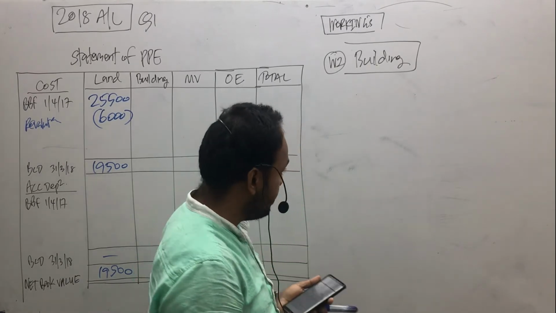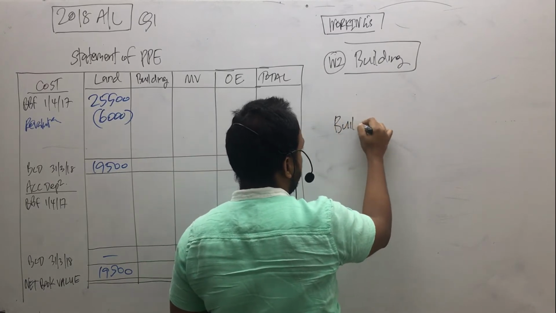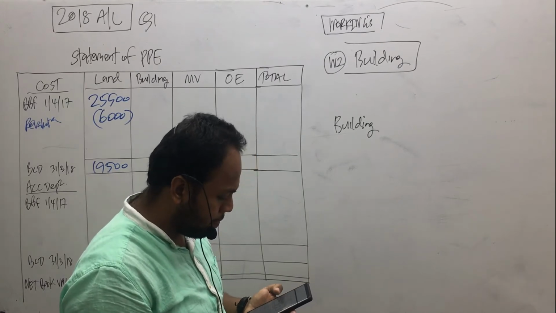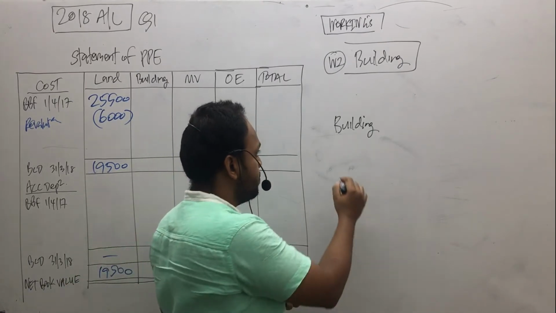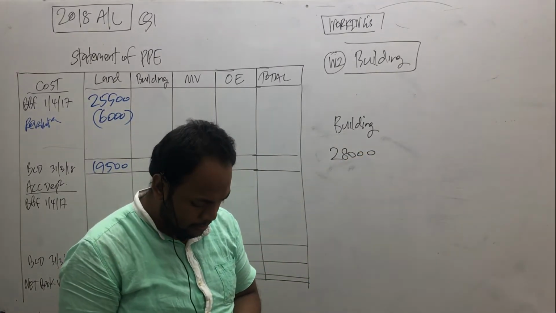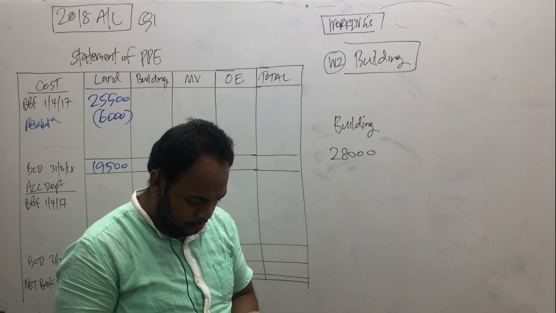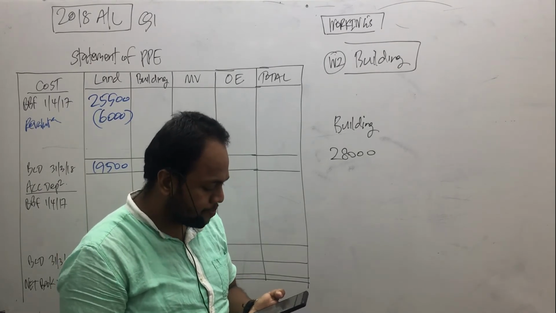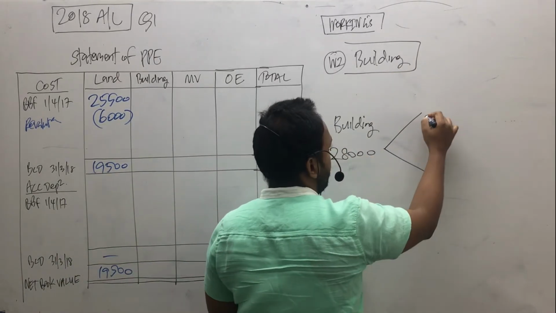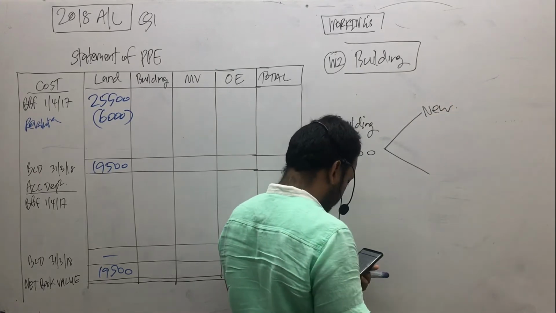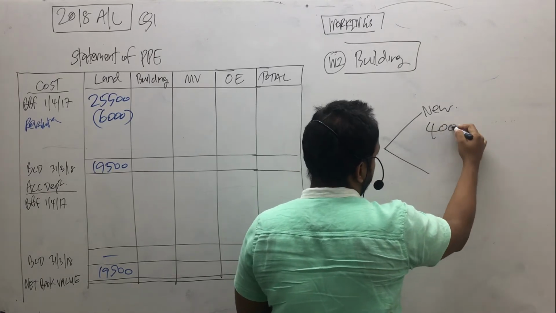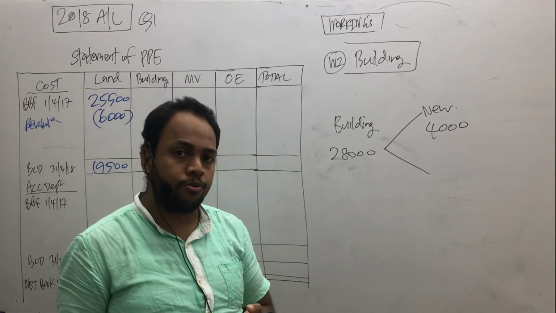Right, so let's check the building cost. Building is 28,000. There is a new construction of the building, which is 4,000.